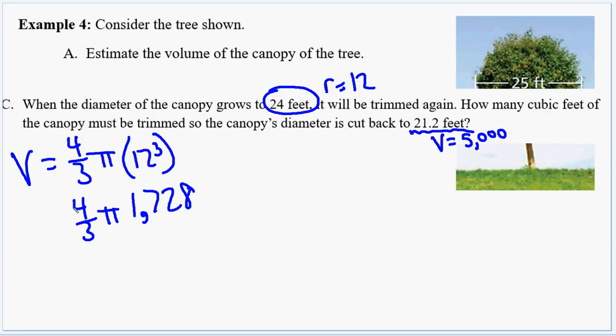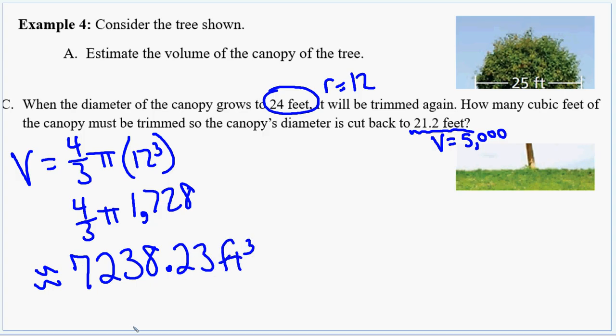So I'd multiply that by 4, divide that by 3, and then multiply by pi. And our 24-foot diameter gives us a volume of about 7,238.23 feet cubed. So again, that's our volume when our radius grew to 12 feet or our diameter 24.